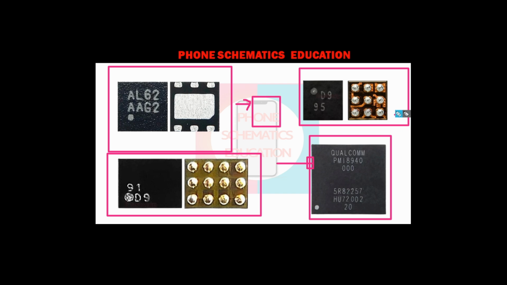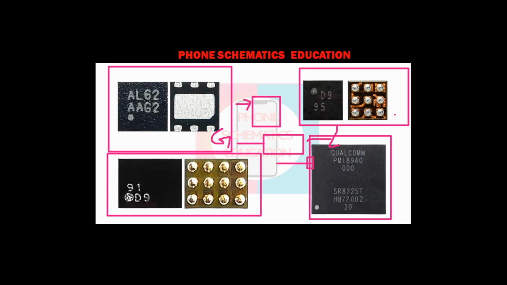Clear? Now in the latest phones, you will see a 24 volts, a glass IC, a little glass IC, right? In this IC, you will get a graphics section, also a light section. Clear?